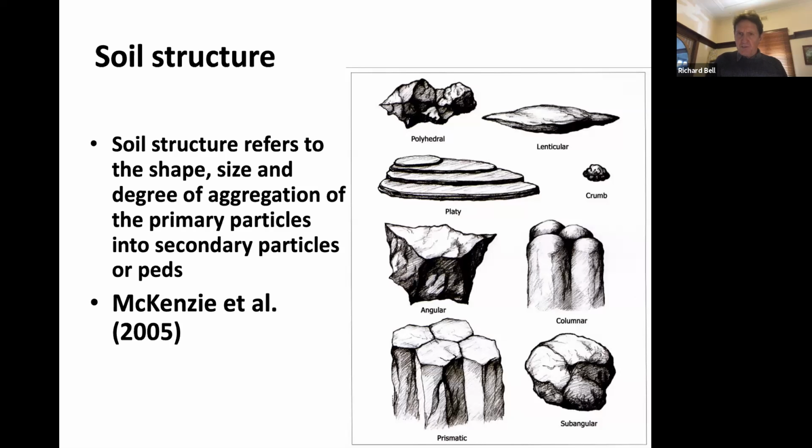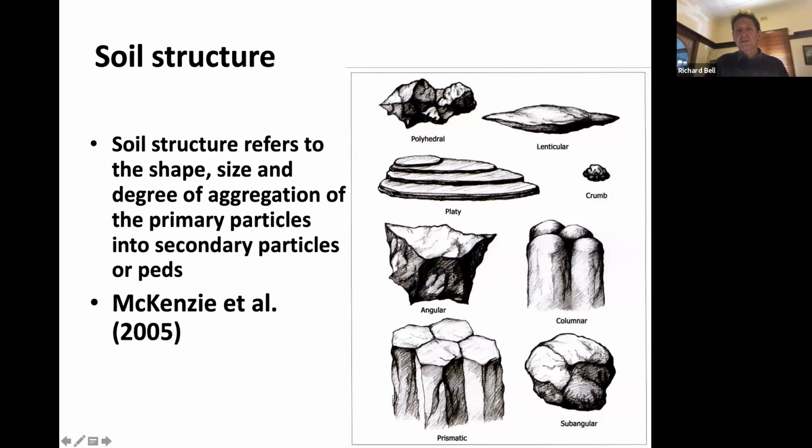But the peds can have different shapes. The most common one in the A horizon would be this crumb structure or granular structure, and that's largely due to the influence of organic matter and clay. In the subsoil, particularly in duplex soils, you often get this columnar structure or prismatic structures.